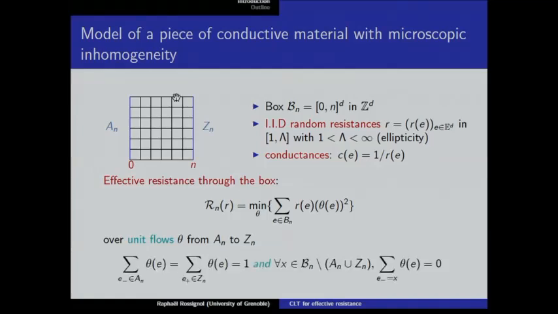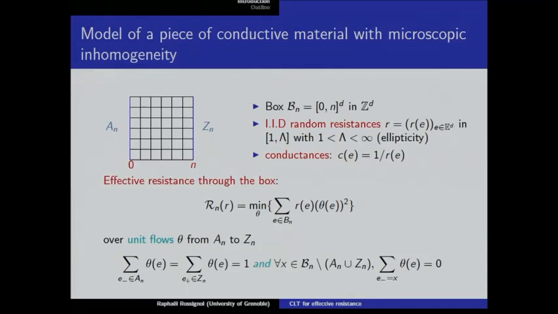And what is a unit flow from A_n to Z_n? It is a real function defined on the edges, antisymmetric. What goes through one edge is the opposite of what goes through the same edge in the other direction. And it satisfies the node law everywhere except at both sides.